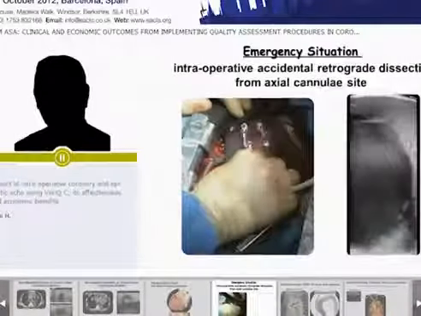Recently, total debranching TEVAR is our practice. But this patient had previous bypasses: the LITA and radial artery to the obtuse marginal, and a saphenous vein graft to the right coronary artery.